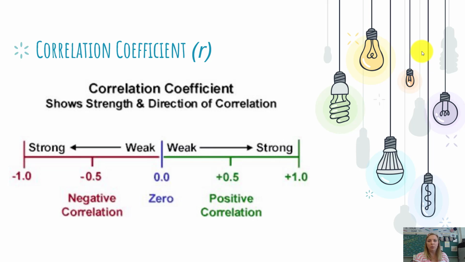Perfect negative would be every single time something decreases, the other one increases. As we get closer to 0, however, the strength of that correlation decreases. Something with an R value of positive 0.2 would be a super weak positive correlation. So there is a relationship, it's just not super strong. We're going to do some practice of these in class so you can get a better idea of how we determine the strength and direction of correlation coefficients.